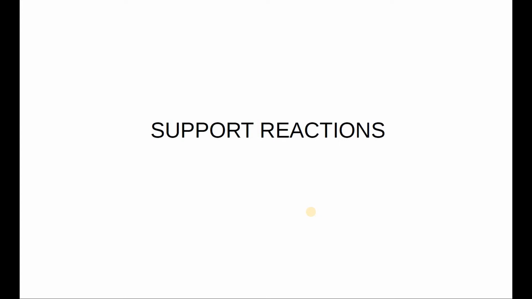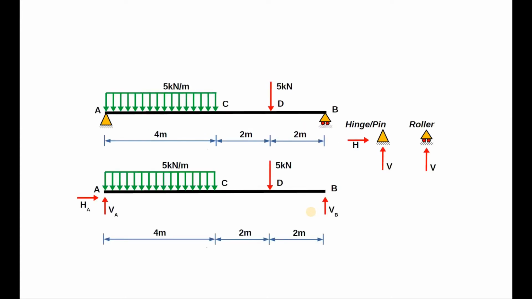The first step to plotting shear force and bending moment diagram is to find out support reactions. For calculating support reactions, you need to first sketch the free body diagram. What is a free body diagram?